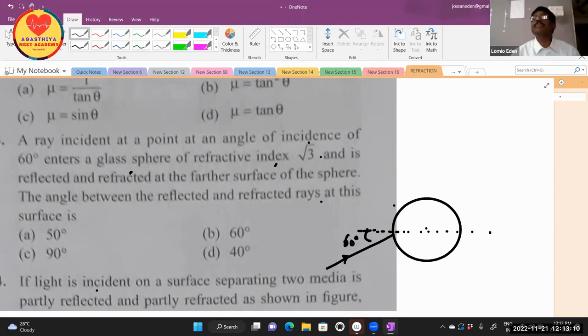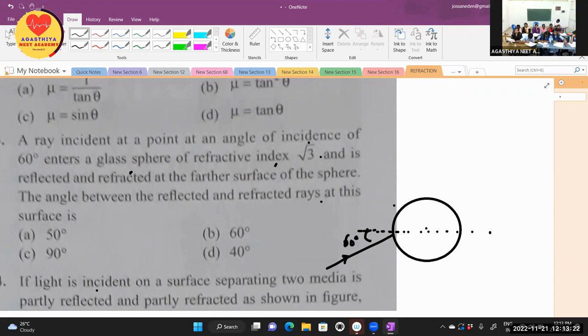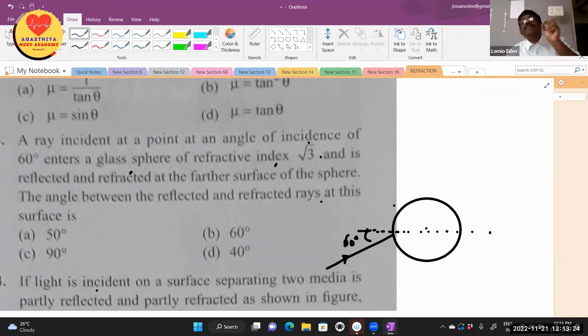At 60 degrees, the ray of light is incident with respect to the normal. After that, it is reflected and refracted at the farther surface.